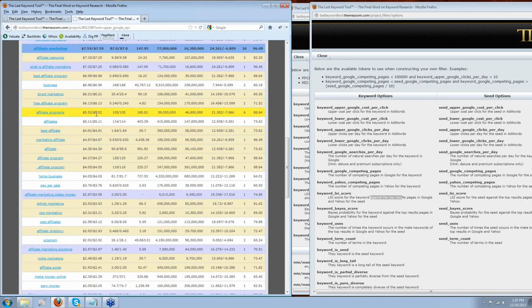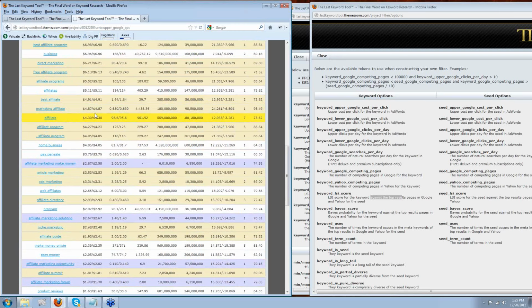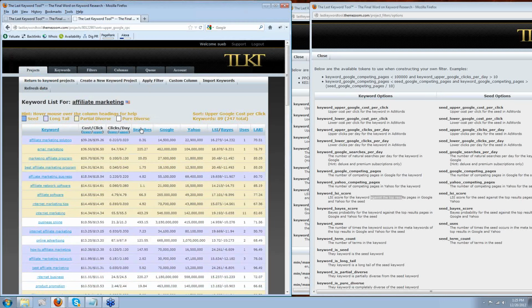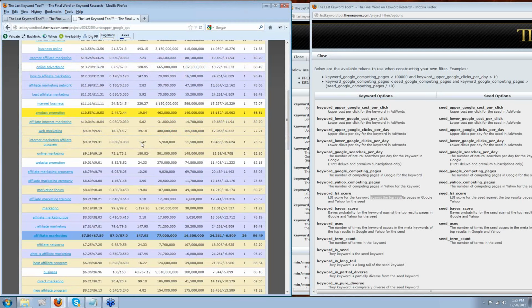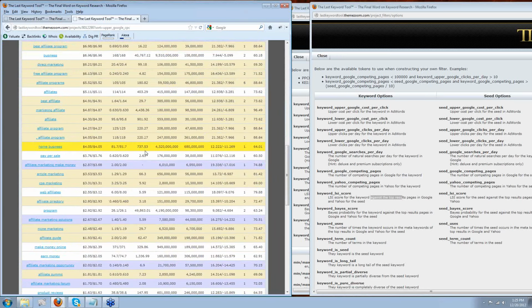So given that kind of an idea, I would want at least $1 for my silo terms. Now, if I'm down where the average here is like $2, then I'd probably want 40 or 50 cents for a silo term. And then in terms of searches, I definitely want some kind of reasonable amount of searches on it.